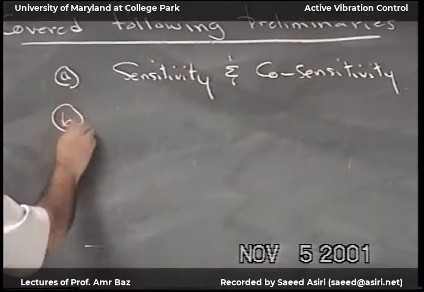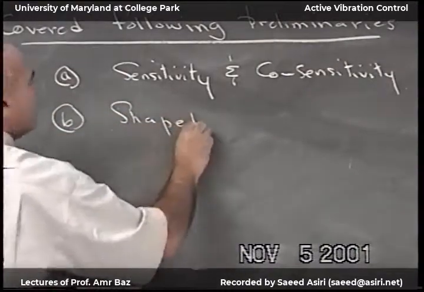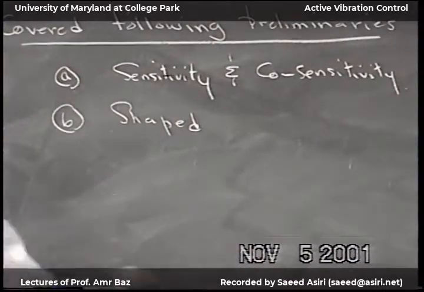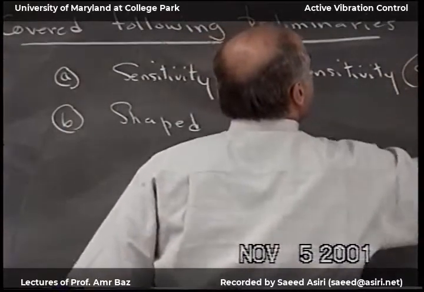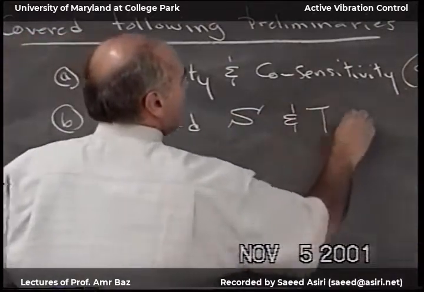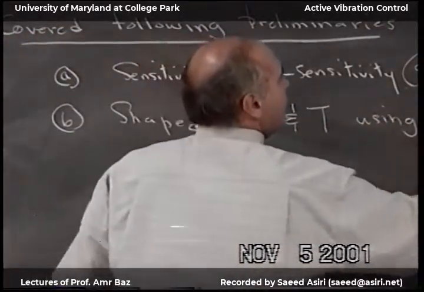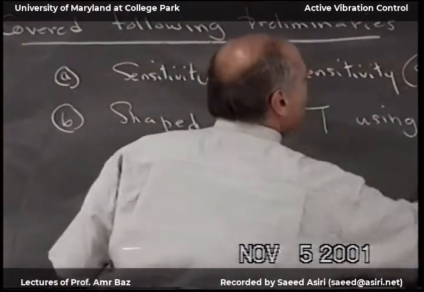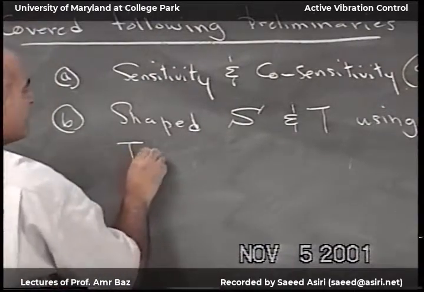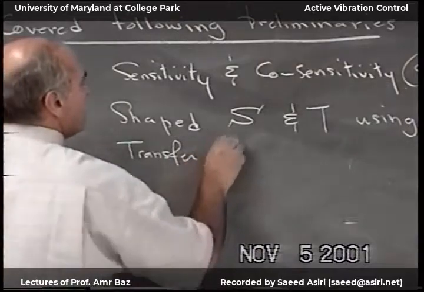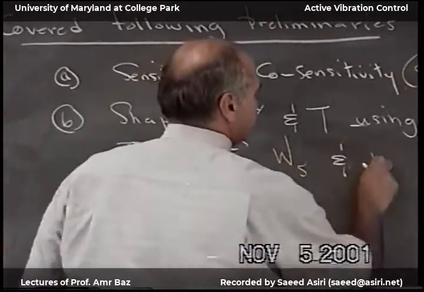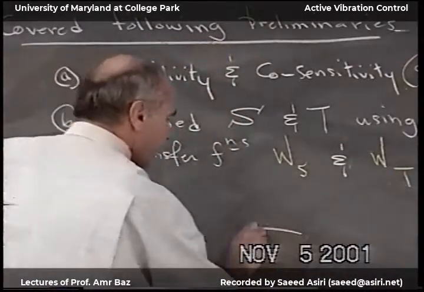And then number B, we can shape these two parameters, S and T, using weighting matrices, weighting transfer functions, WS and WT. And these, if you remember, they were like this.